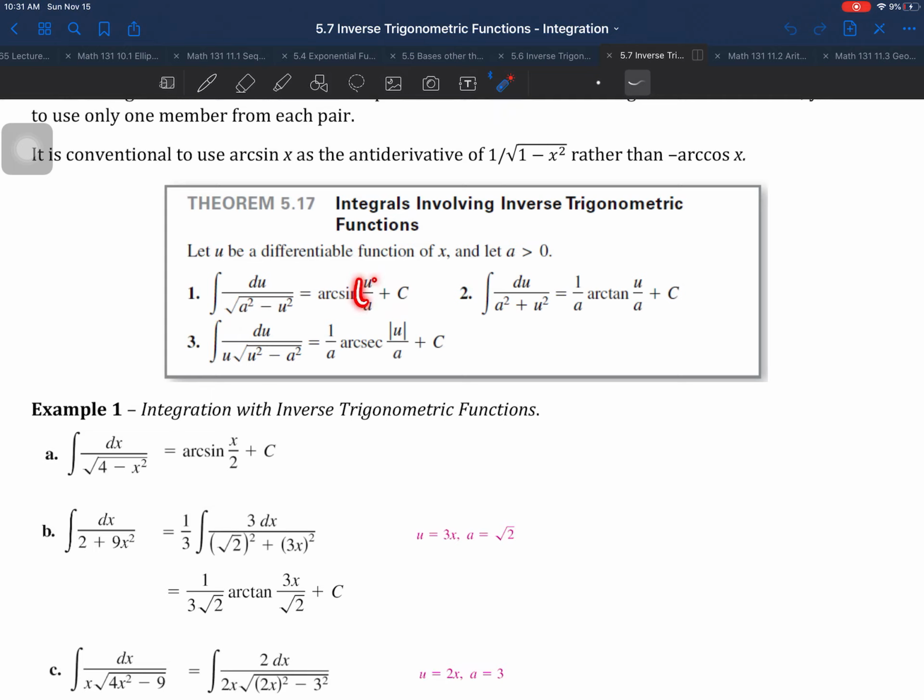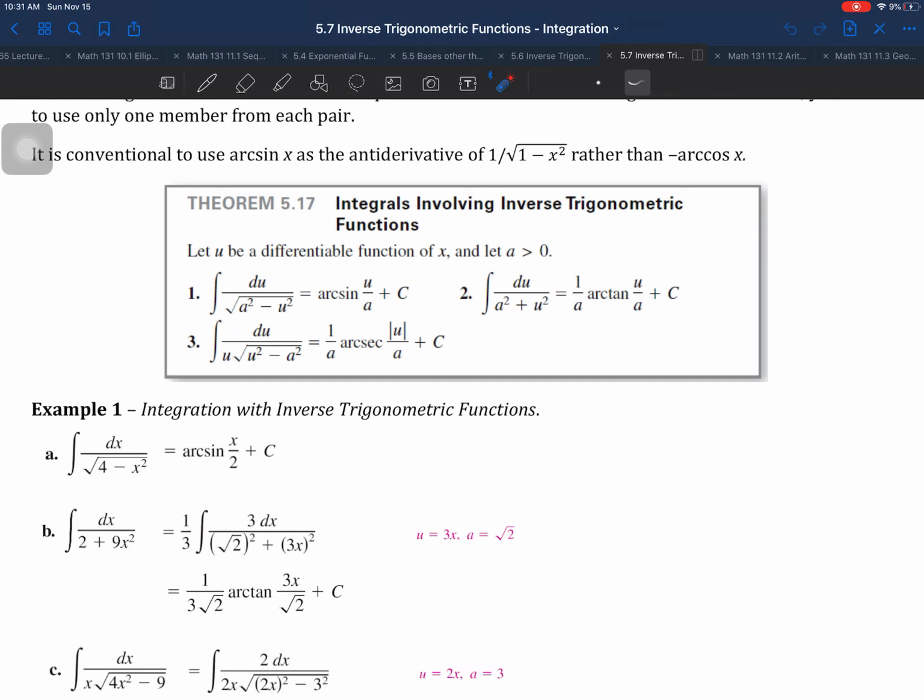Similarly, the integral of du over a squared plus u squared equals 1 over a arctangent of u over a plus c.